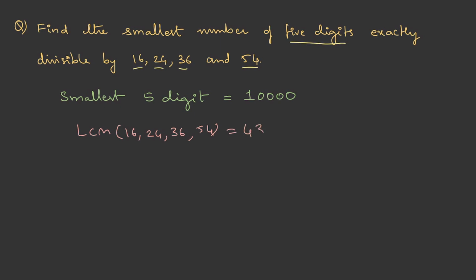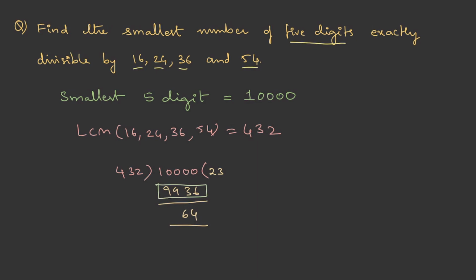The LCM is 432. Now divide 10000, which is 1 followed by 4 zeros, by 432. I think 23 times 432 is 9936, which leaves a remainder 64. It means that 9936 is the number which is divisible.